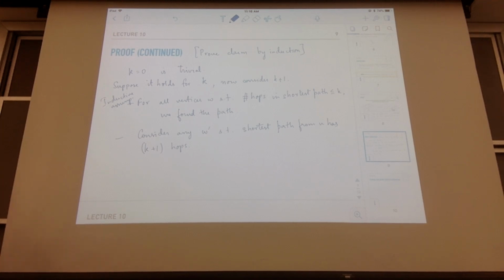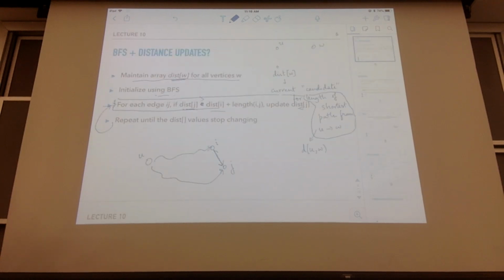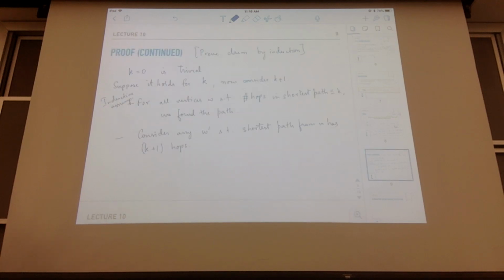I want to say that doing one extra iteration in this algorithm, which is for every edge ij, will end up finding the shortest path to this W prime.